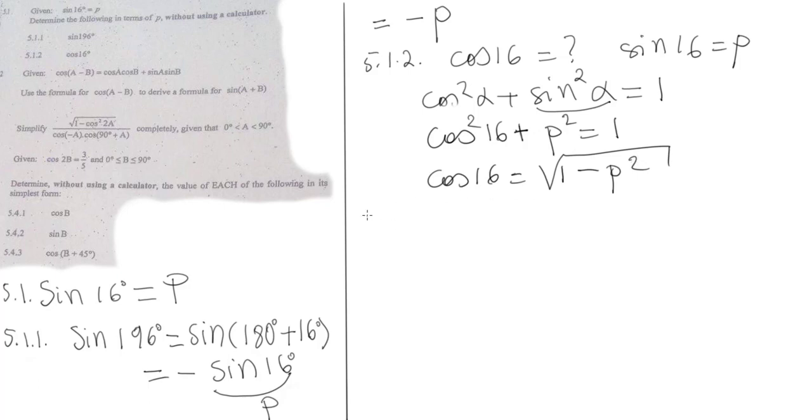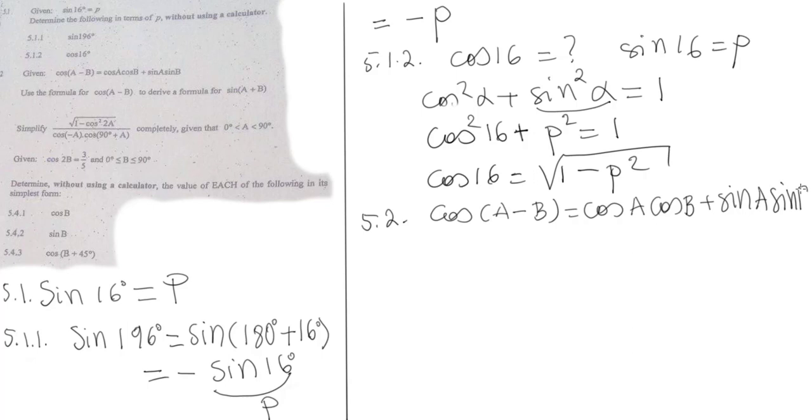Now let's move to the next question, which is 5.2. They give us a formula, cos of A minus B, which should be cos A cos B plus sine A sine B. All right, now this is what is given.